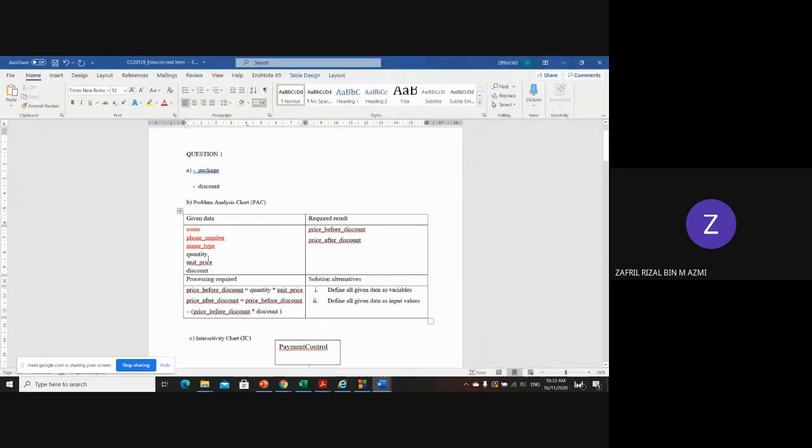So over here, this one is correct. Quantity is correct, but price is not input. So this is wrong. This is wrong. I will mark it green. So unit price is decided by the system by using the table.